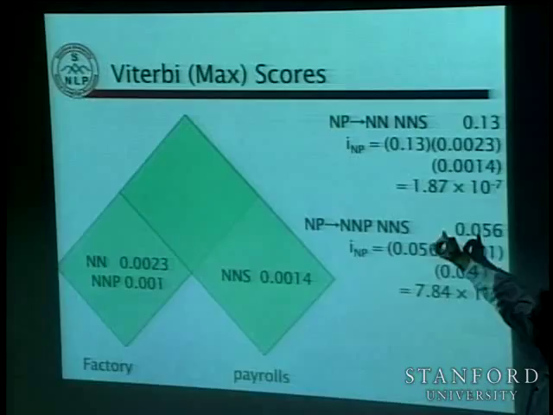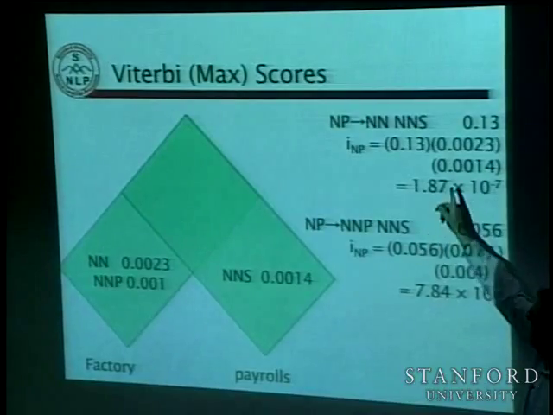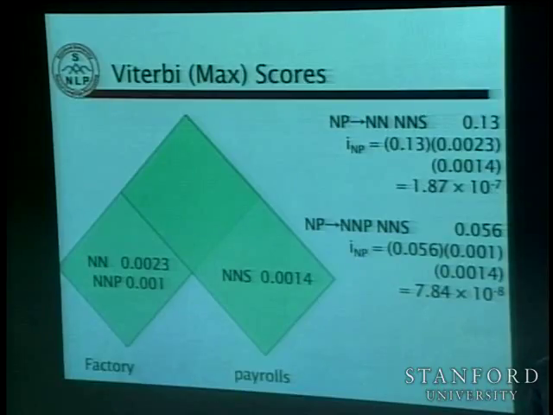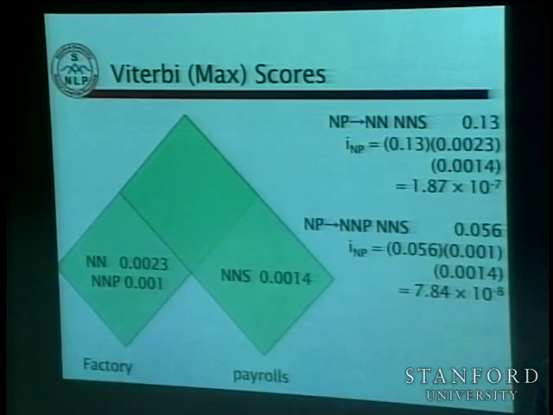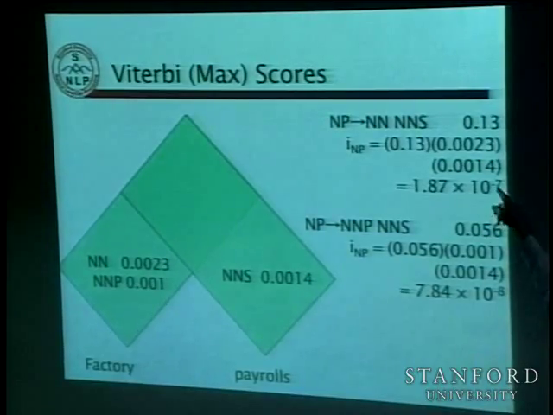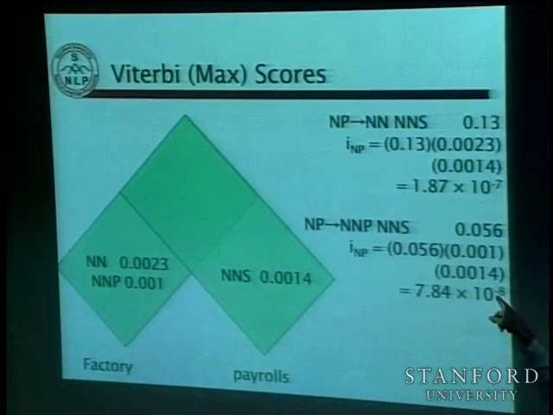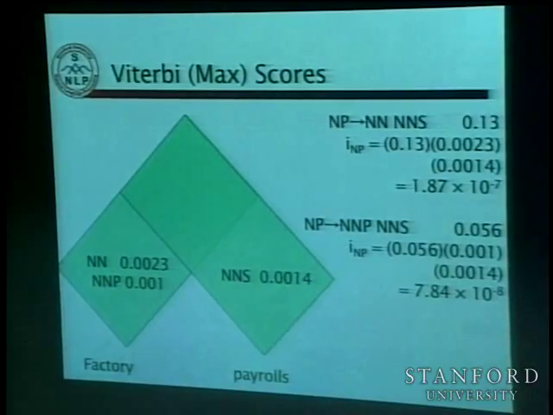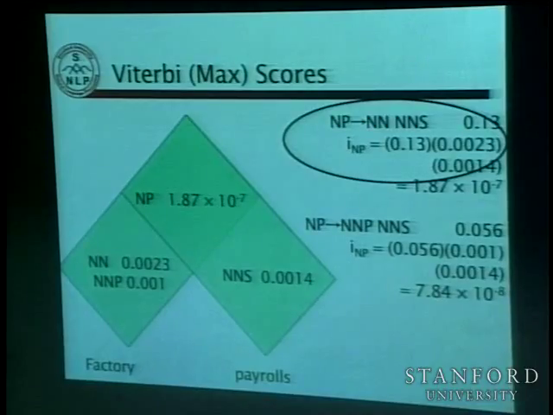And so that gives us a probability of building that piece of substructure. Okay, and then if our goal is to find the highest probability parse for a sentence, we consider all of the ways that we can build a noun phrase, and we find the one with the highest probability, and then we stick that one into the chart.